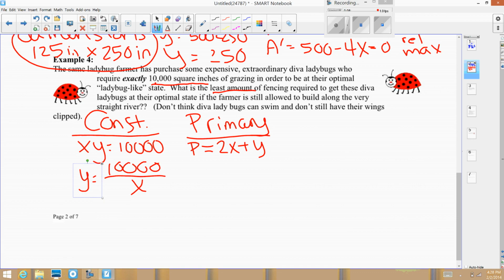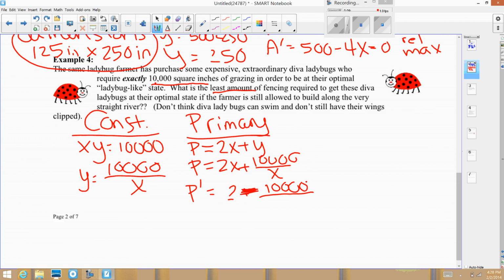All right, so I solved this for y. I'm going to plug it in. There you go. All right, this isn't too bad to take the derivative, up to minus 10,000 over x squared.